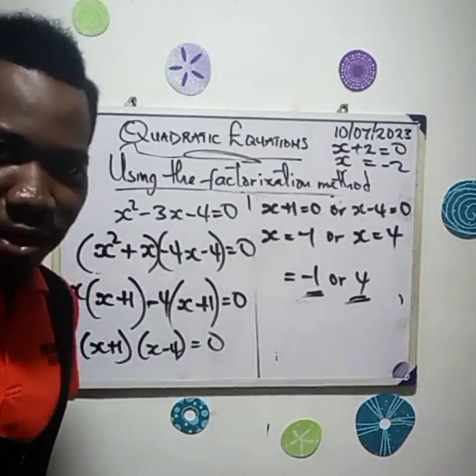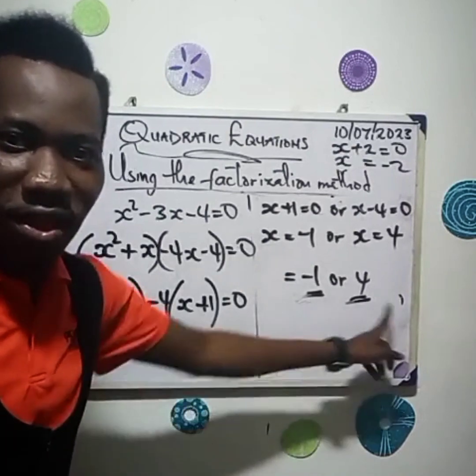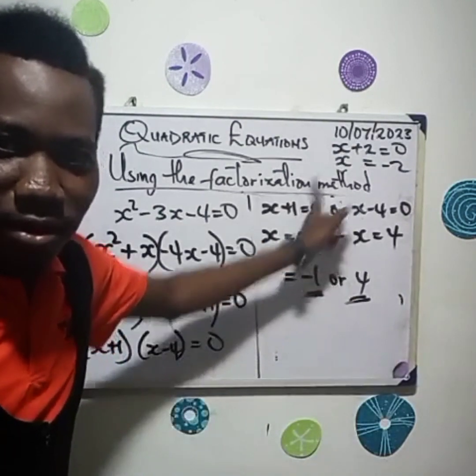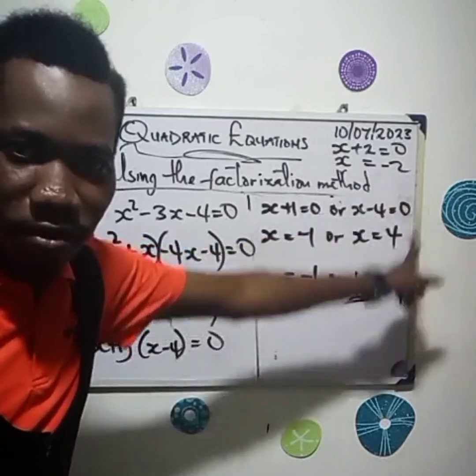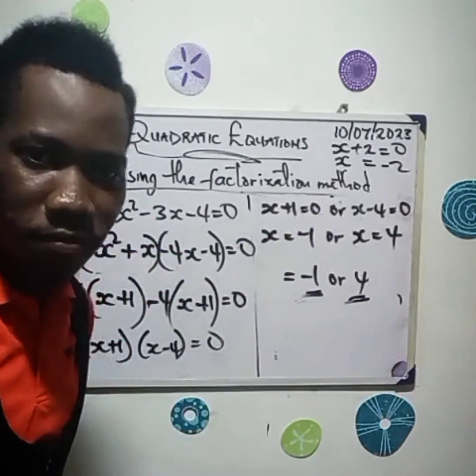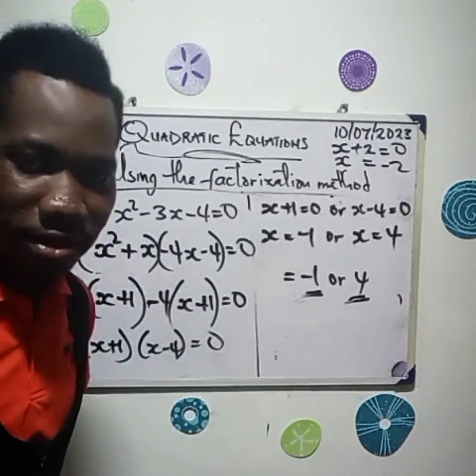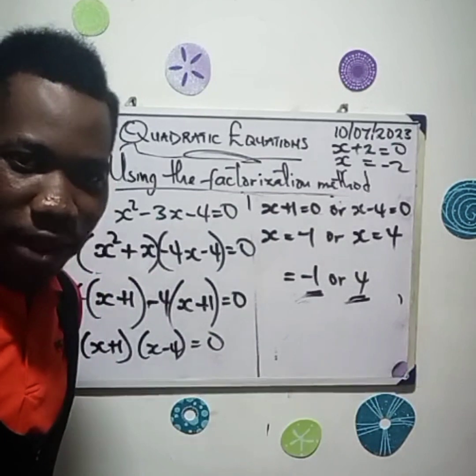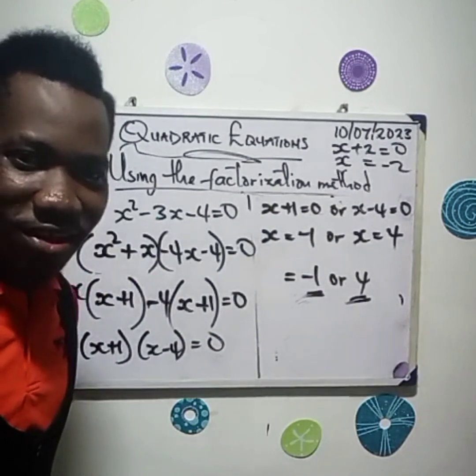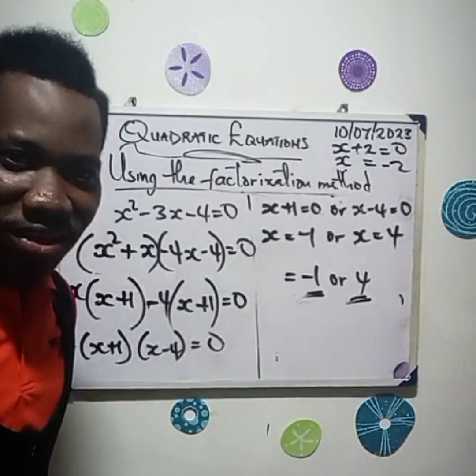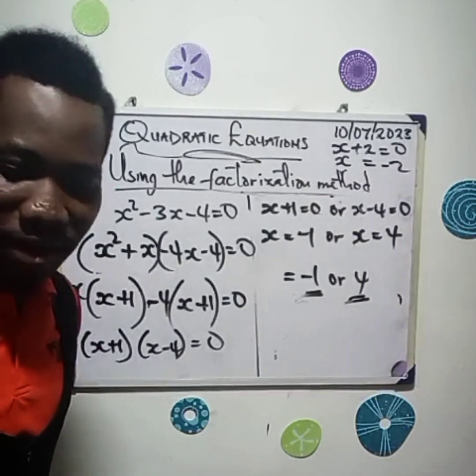Okay, I got 1 or minus 4. Oh, minus 1 and 4. Yes, we are done. This is just it. Simple, right? It's correct.